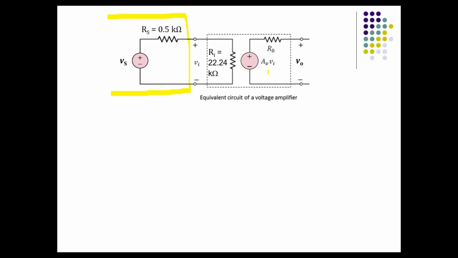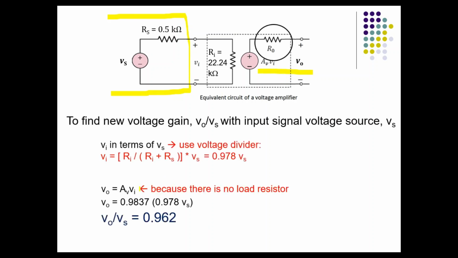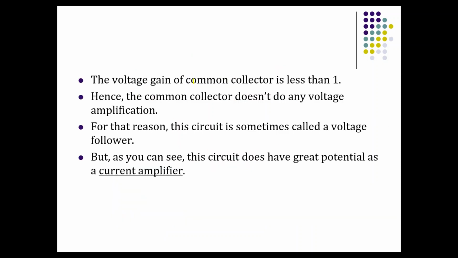Then only you will connect with the input signal over here. Because there is no load, AV times VI is equivalent to Vout, right? So for VI, look at the input side, you use the voltage divider. So you will get Vout over Vs is 0.962. You can see that the voltage gain for a common collector is less than 1.